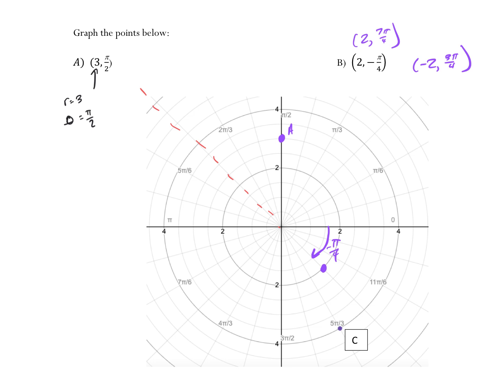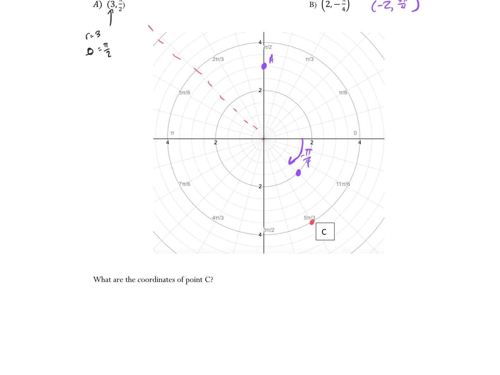All right. Now, what are the coordinates of this point then? What are some possible sets of coordinates for that point? (4, 5 pi over 3). What else? (Negative 5, 2 pi over 3).